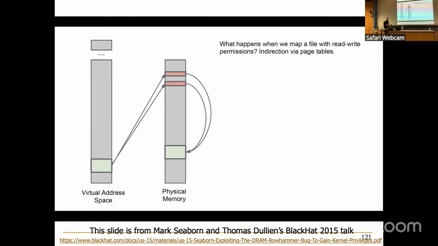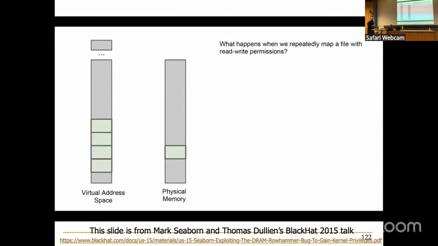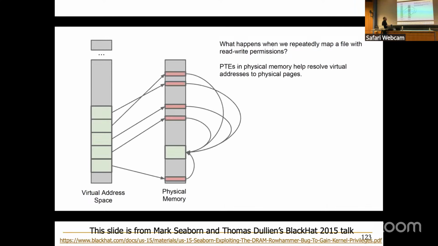That's what we discussed before. So the question is, what happens if I start creating virtual regions that all map to the same physical page, the same page backed by a file? I will create many of these page tables that simply point to the same physical location.